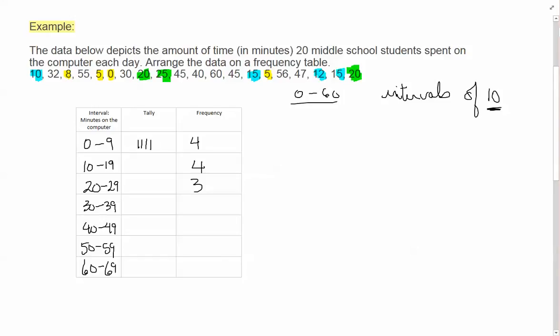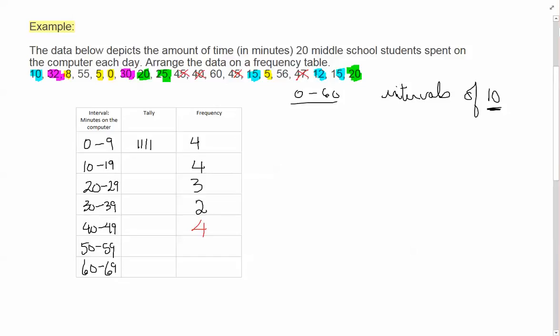For 30 to 39, there's 32 and 30, and that's all. So we have a frequency of 2. Now let's cross them out. For 40 to 49, we have 45, 40, 45 again, and 47. That's 1, 2, 3, 4. So we have a frequency of 4.